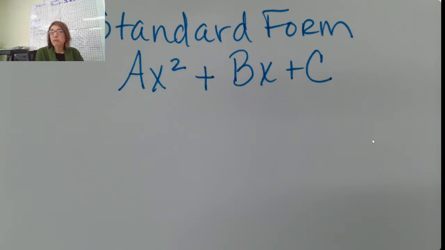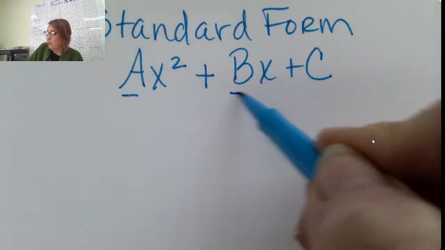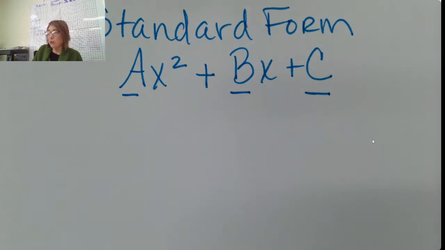Okay, y'all ready? Standard form is ax squared plus bx plus c, where a, b, and c would all be a number, right? The number could be 1, or 0 if there wasn't something there. So if you have an equation that said x squared plus 10, and there wasn't just a plain x in there, your b value in that instance would be 0.